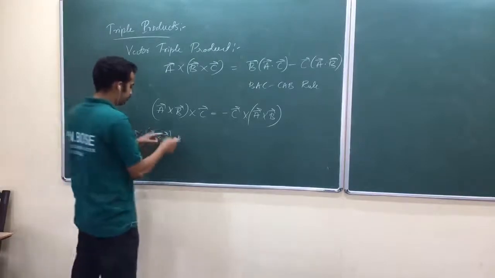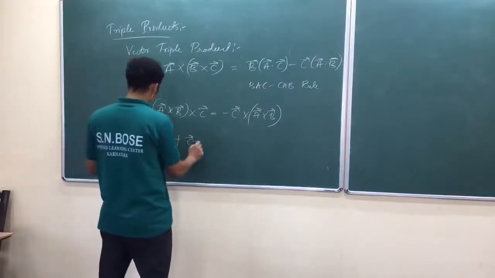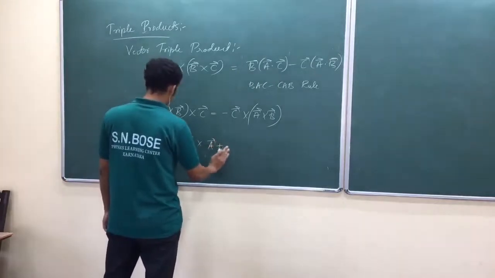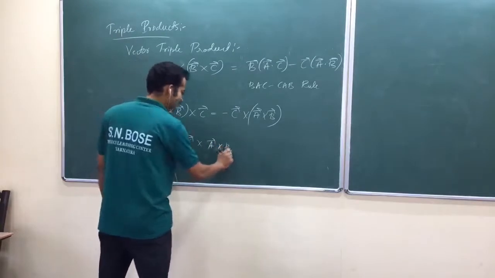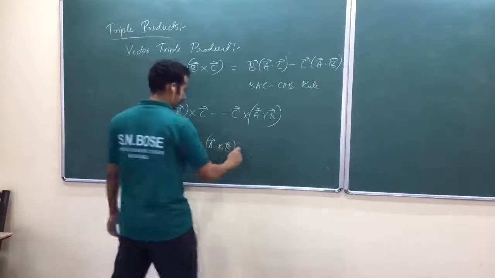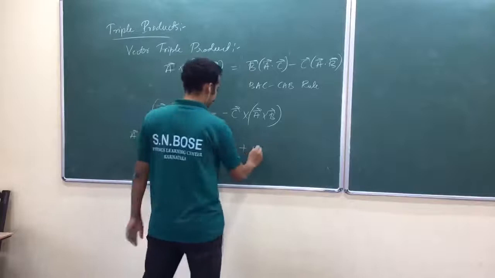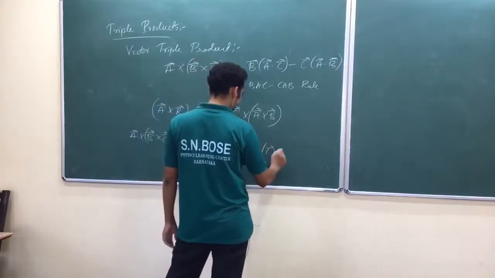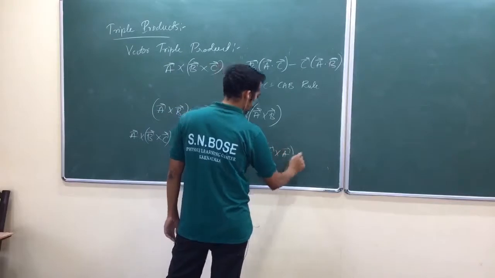So change A to B, B to C, C to A. C cross A to B, B to C, plus B here, C to A should be here. That's equal to 0.